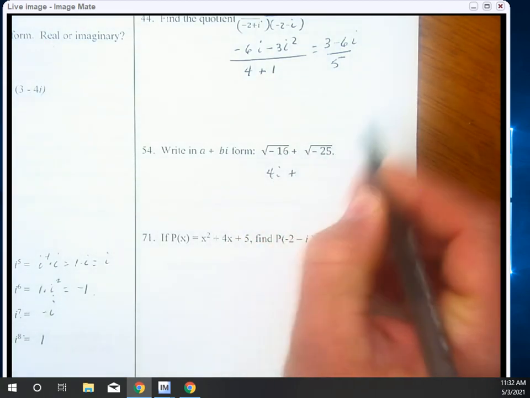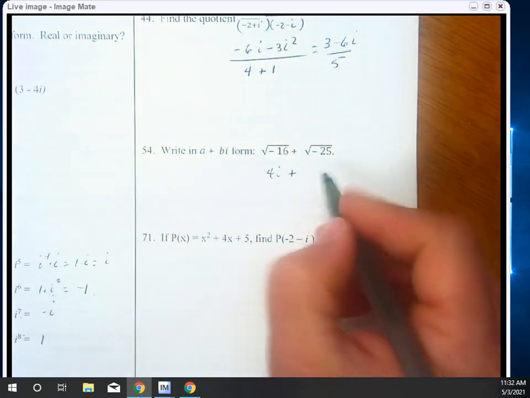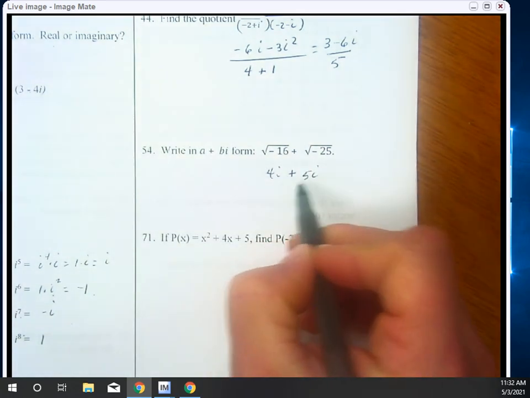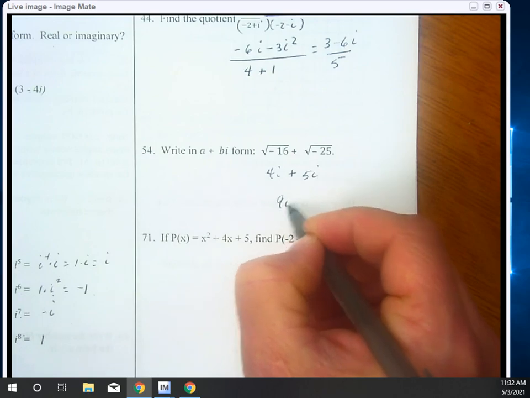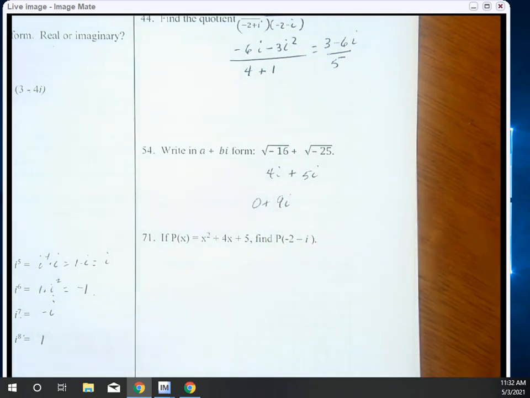What is the square root of -25? 4i plus 5i with a 0 real number part. I don't understand the 0. To write it in a plus bi form, there is no a. Oh, okay. What number can you put and not change the value? 0. Okay, got it. Yeah, if it has to be in standard form.